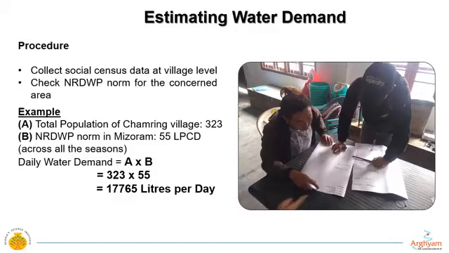For the given example of Chamling village, NRDWP norm for Mizoram is 55 liters per capita per day. Considering the resident population of 323, the daily domestic water demand of Chamling village works out to be 17,765 liters per day.